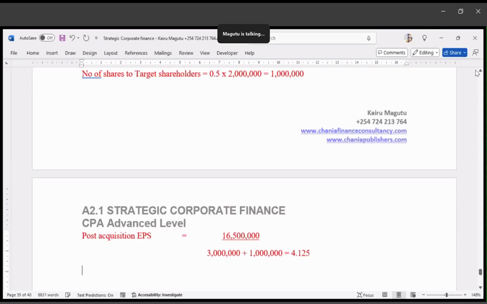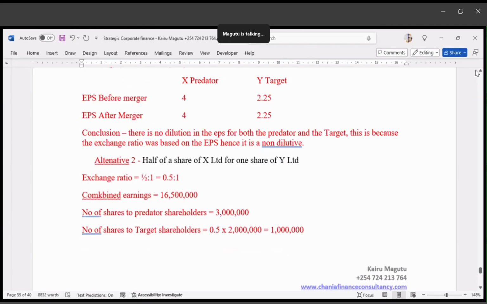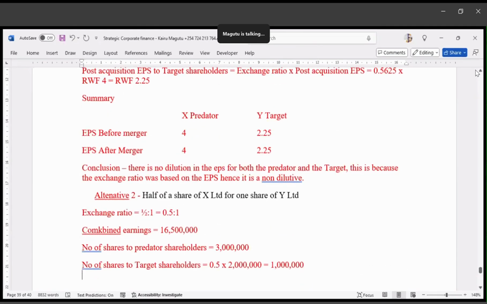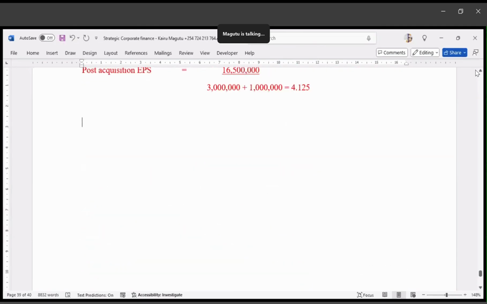4.125. Good. Now, I want us to do an analysis here. We say that post-acquisition EPS to target shareholders is equal to the 4.125.